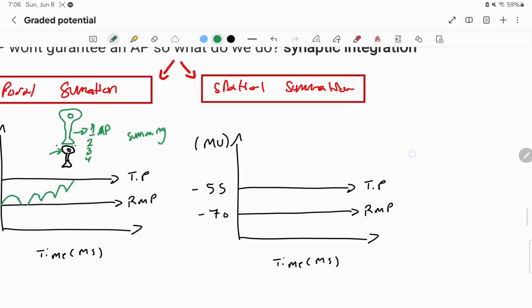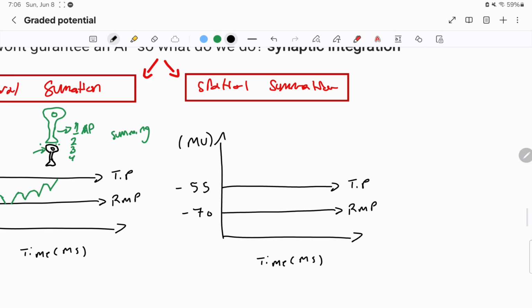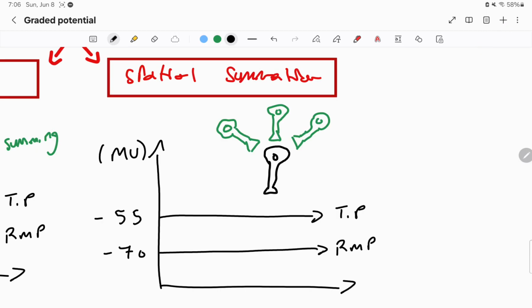We have another kind of summation called spatial summation. For the sake of time, I'm going to just draw the diagram for you, and then we'll continue. Spatial summation refers to when multiple presynaptic neurons are each going to fire one action potential only. This is really important.